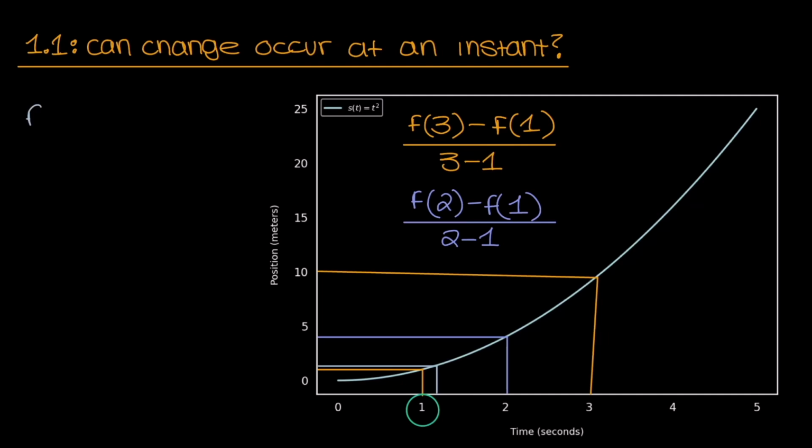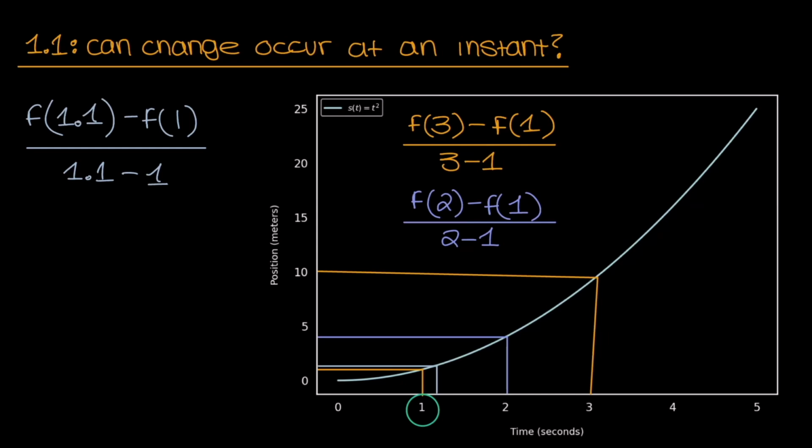So now I'm taking the rate of change as f of 1.1 minus f of 1 over 1.1 minus 1. And that's really close. That's a really small distance that we're comparing over a really small interval, right? 1.1 is like 0.1 seconds after. So you can see that's really close to an instant because you don't feel 0.1 of a second, right?